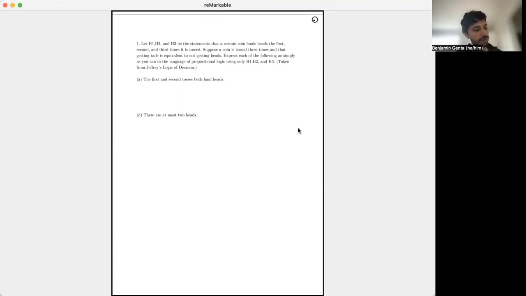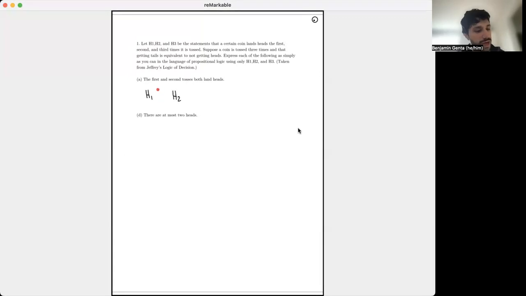Okay, so the first question asks, how can we express the statement the first and second tosses both land heads? We know that H1 means that it landed heads on the first toss, and H2 means that it landed heads on the second toss. Actually, H3 doesn't matter here. We can forget about it for this statement.